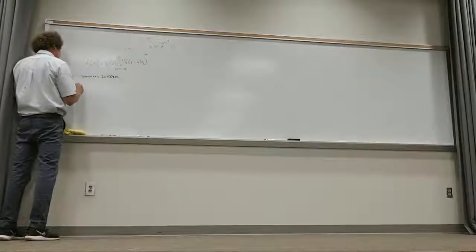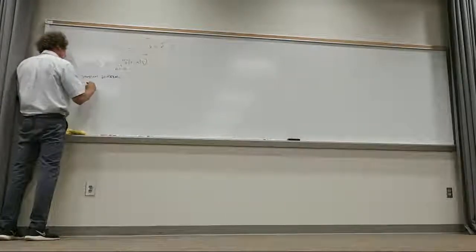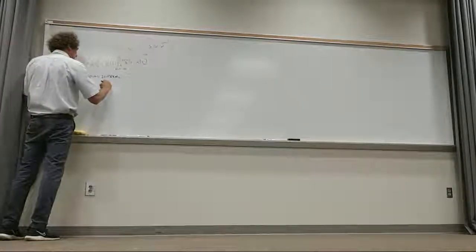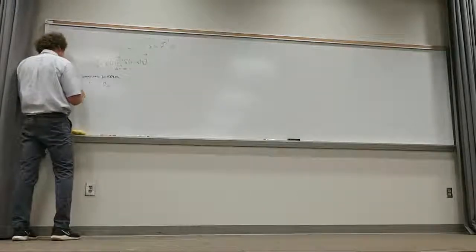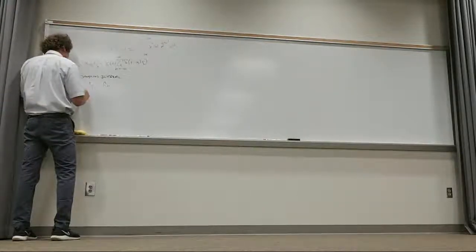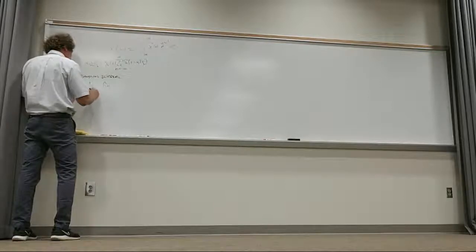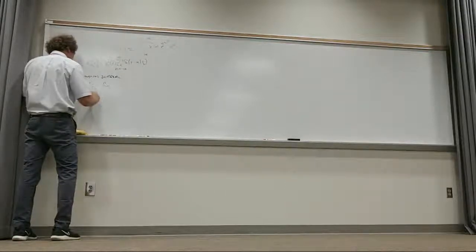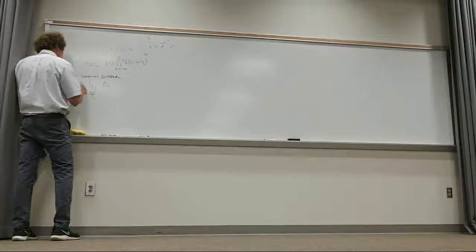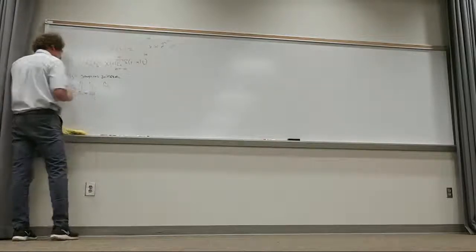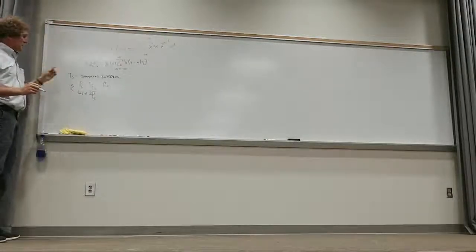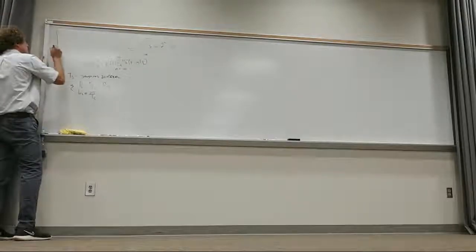By the same token, f naught would be 1 over Ts, the frequency of sampling, and omega naught would be equal to 2 pi over Ts. Or you can call it s for sampling. Doesn't matter. But this is from previous class.